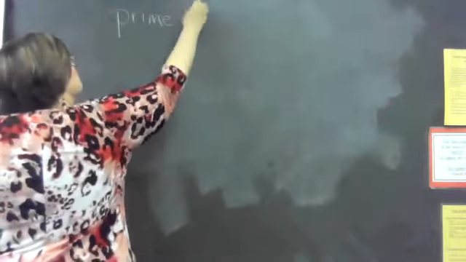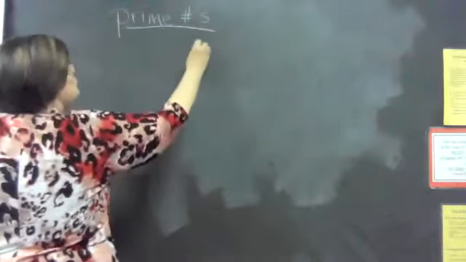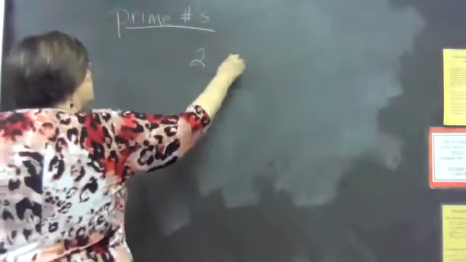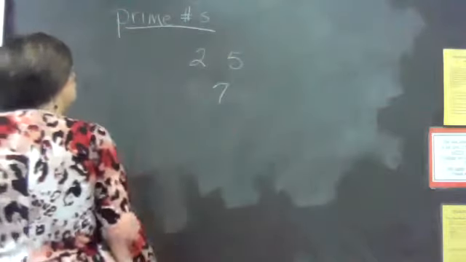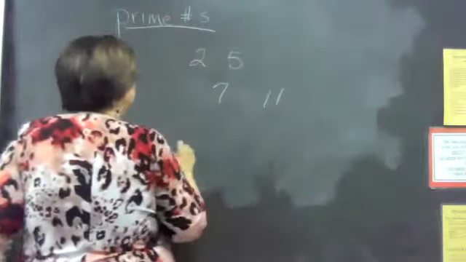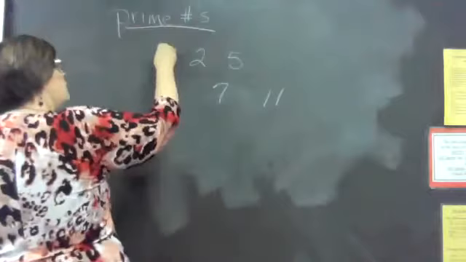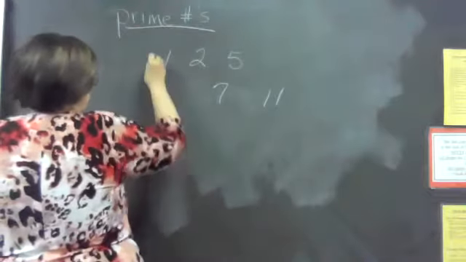One thing I want to clarify, and I'm so glad Sherry reminded me: when we talked about prime numbers yesterday, I gave you some examples of different prime numbers like 2 and 5 and 7 and 11, okay? And I also said 1, okay?